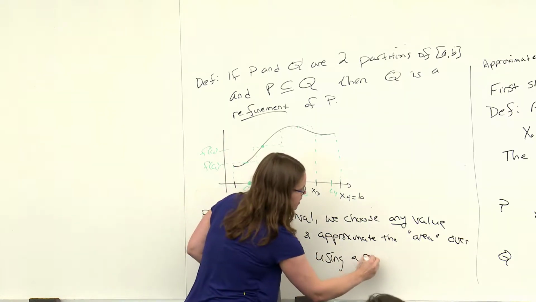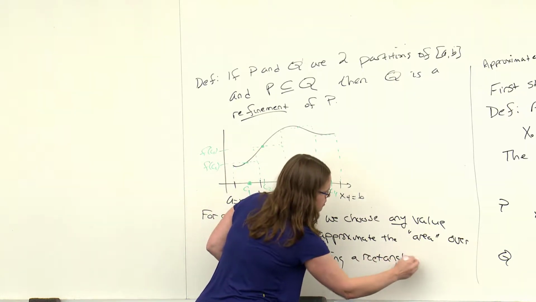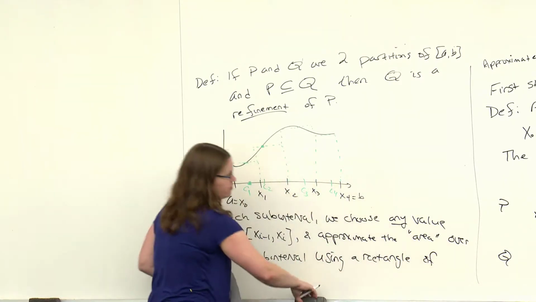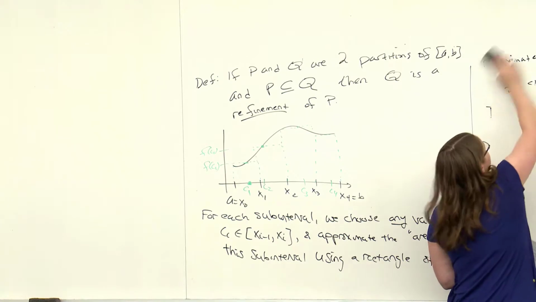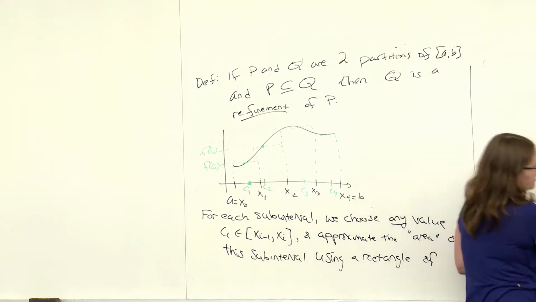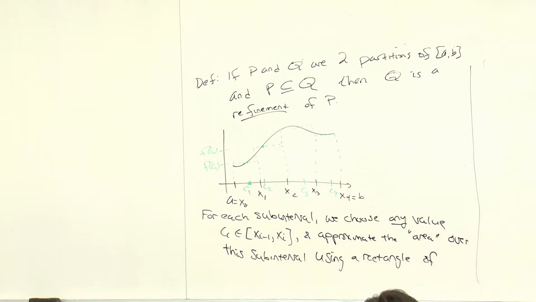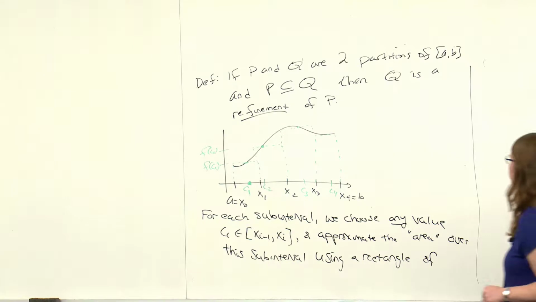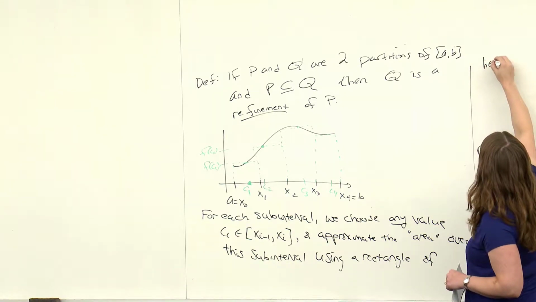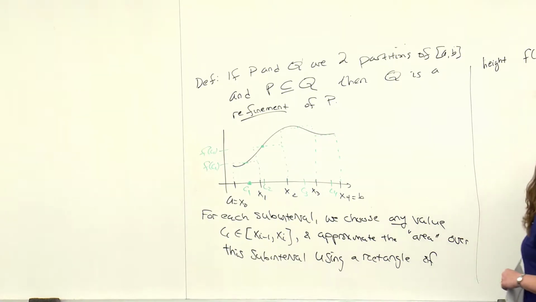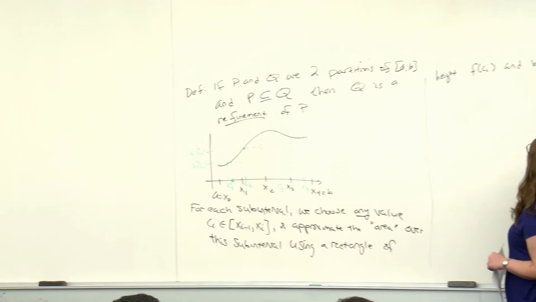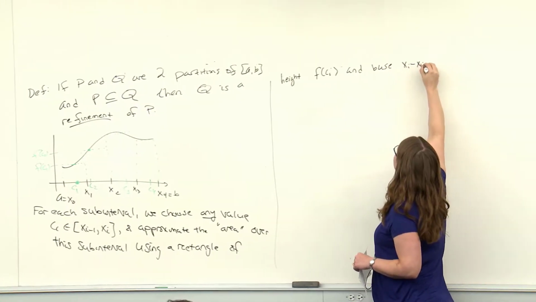So using a rectangle of height f of c_i and base x_i minus x_{i-1}. Okay, so of height f of c_i and base x_i minus x_{i-1}.